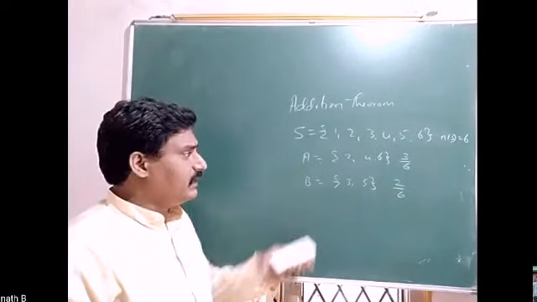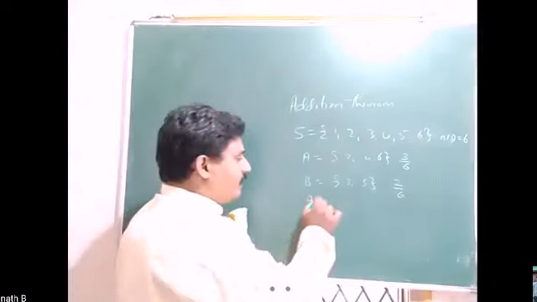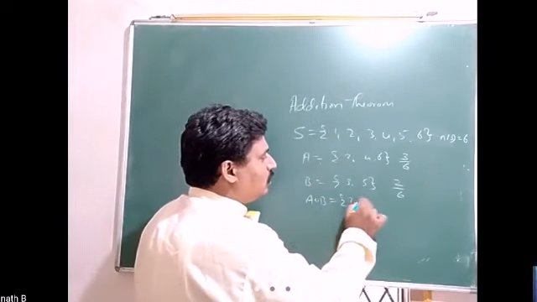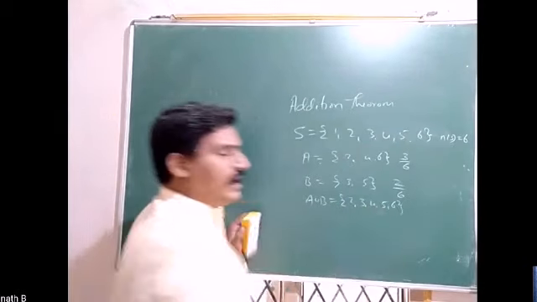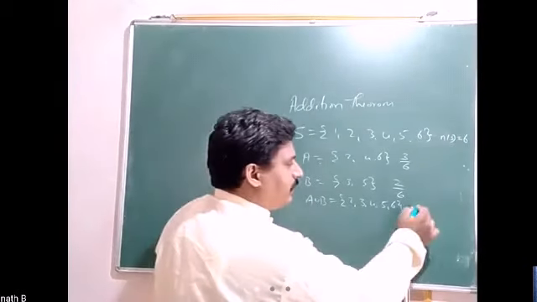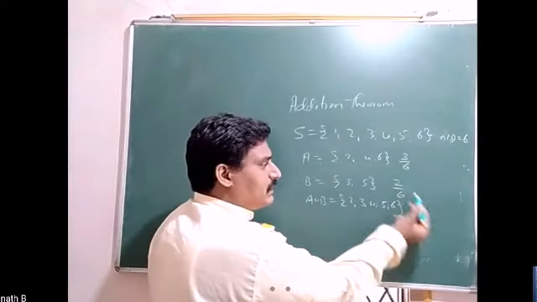Probability of getting at least one of these, that is A union B, is 2, 3, 4, 5, 6, that is 5 outcomes. So 5 by 6. That is 3 by 6 plus 2 by 6, that is 5 by 6.